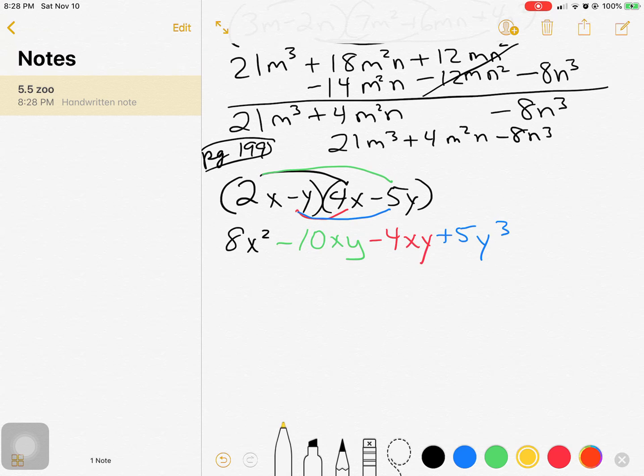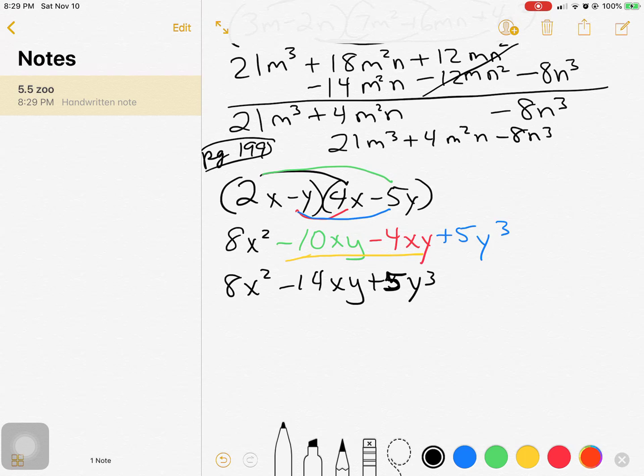Okay, so that means these right here are like terms. So my final answer is 8x squared, and then 10 and 4, negative 14xy plus 5y squared. There. That is my final answer.